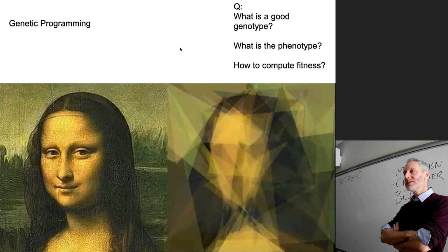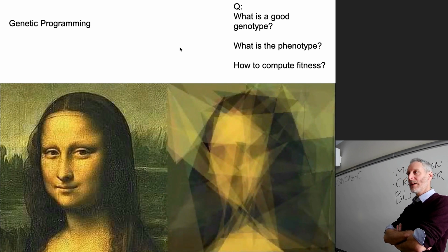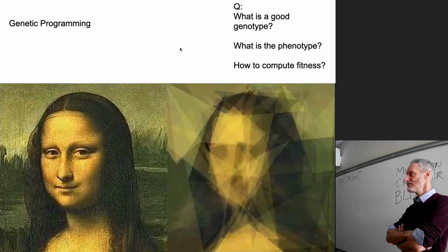What do you think the genotype is here? What is the phenotype? What is the fitness function? You're getting a lot of visual hints here. Any ideas?